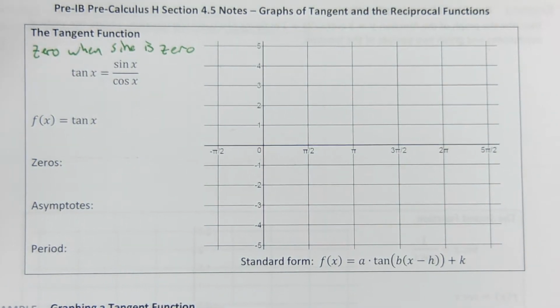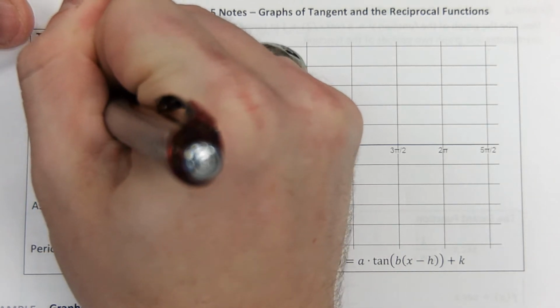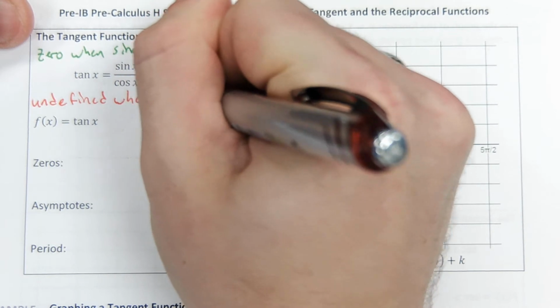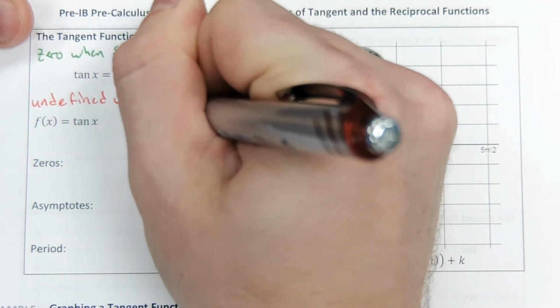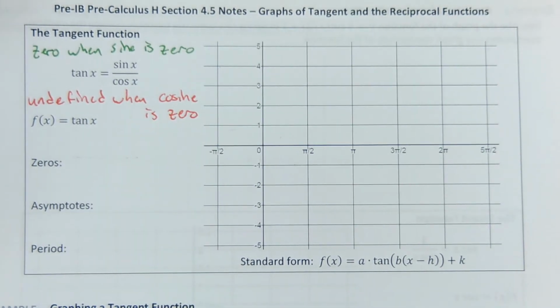So that means tangent is undefined when cosine is 0. That means tangent has an infinite number of vertical asymptotes because cosine is going to be equal to 0 often.